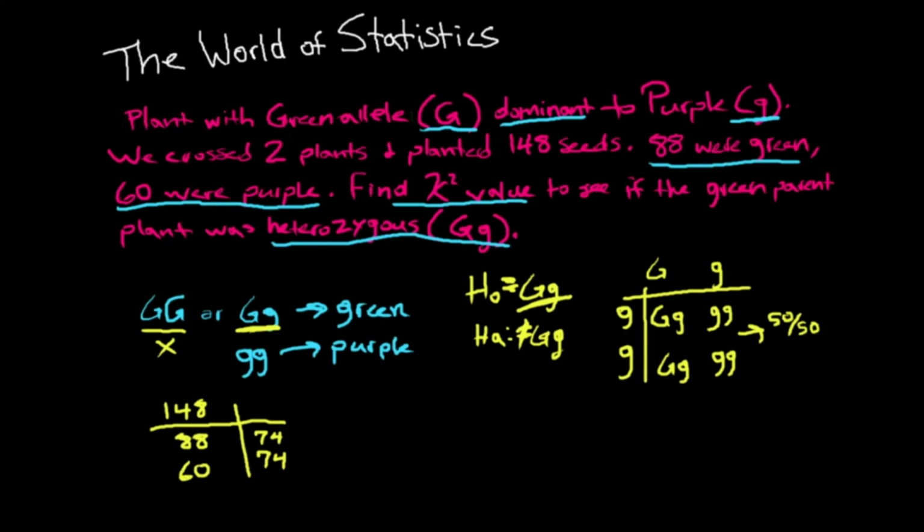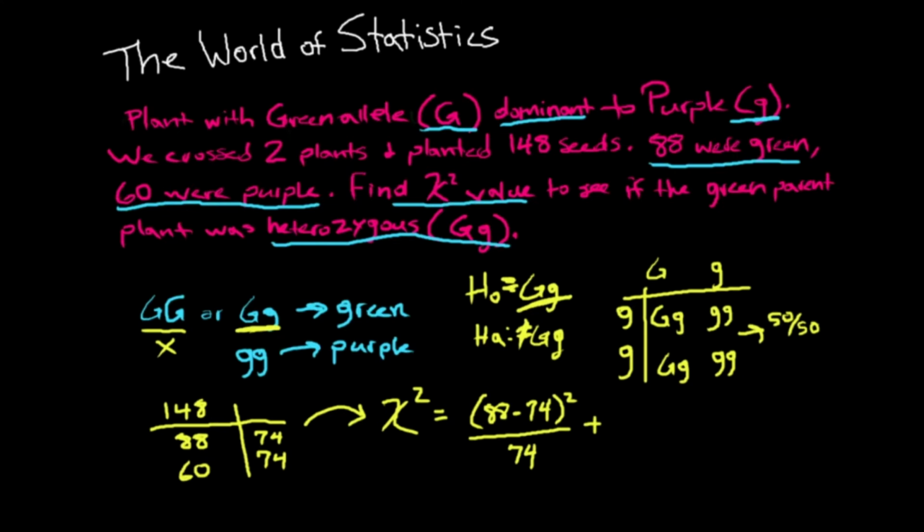So if we were then to transform this over to a chi-squared, we have the chi-squared formula, which says we're going to have the sum of our observed minus our expected. So we have 88 minus 74 squared, and that's divided by our expected.